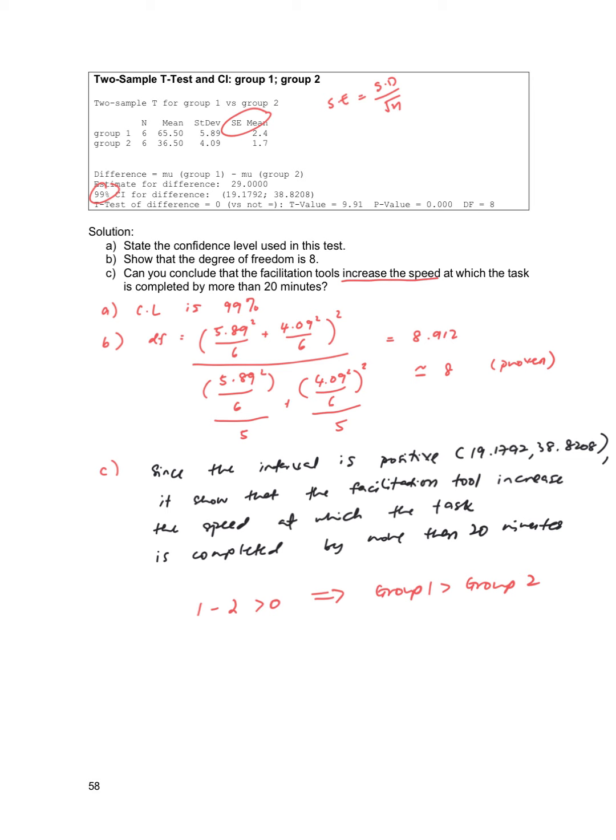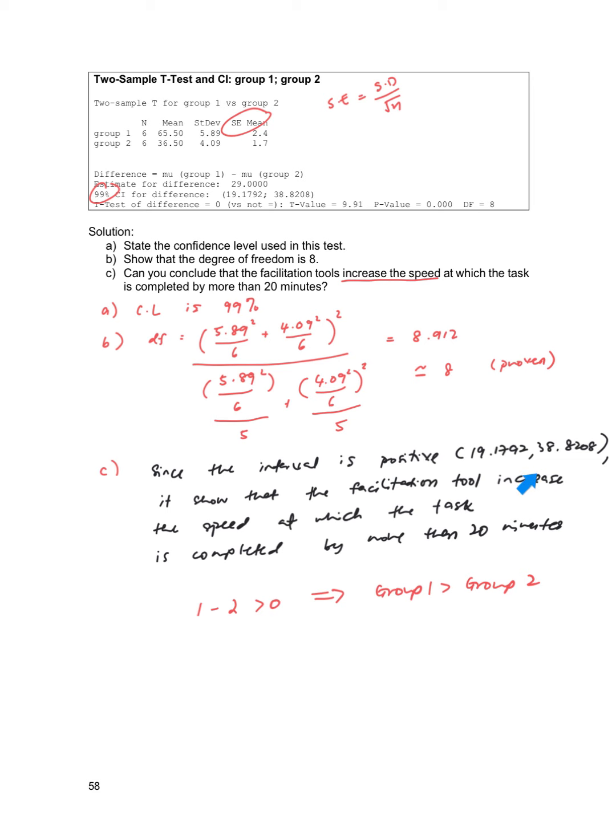So if the time is less, it means the speed was increased. So since we get that the confidence interval is positive, positive meaning that group 1 is larger than group 2. So we can say that the facilitation tools increase the speed because we get a positive confidence value.